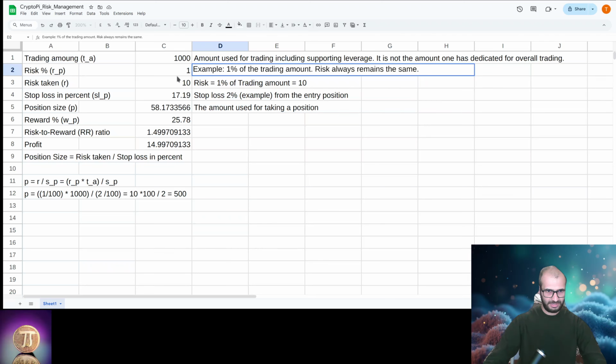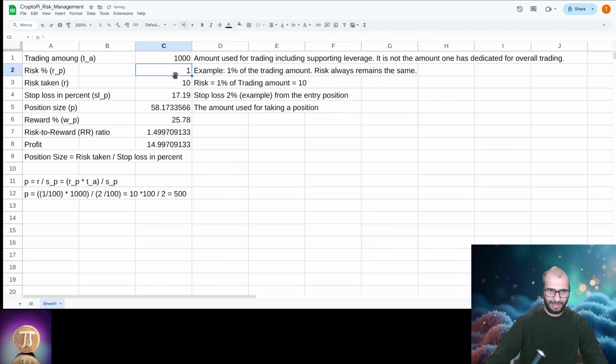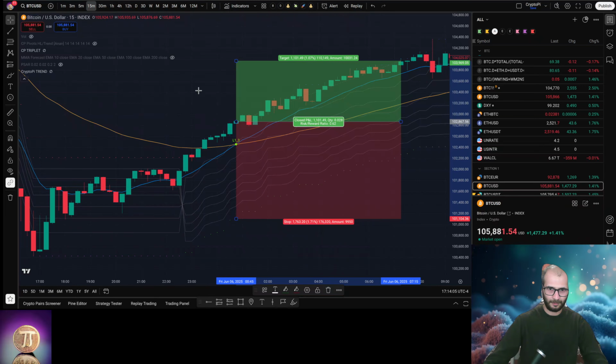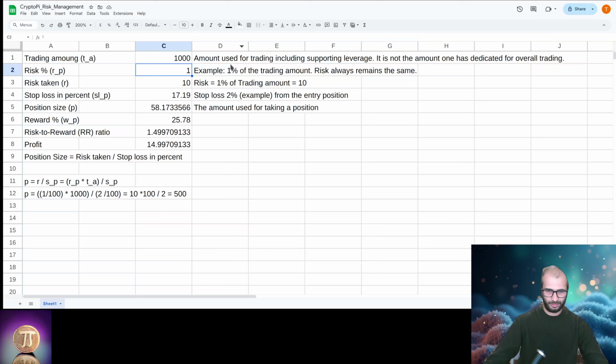Why do I say remains the same? Because this will help to compare all the trades with the same risk level.